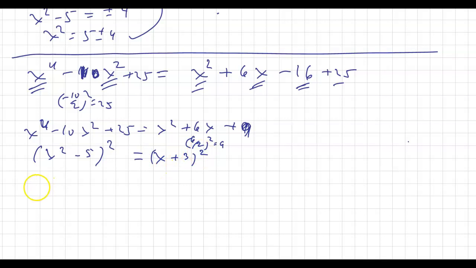Now, when both things are squared, I can take the square root of both sides, but I have to be careful. It splits up into two different things.